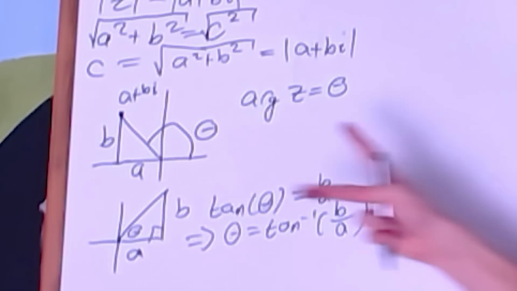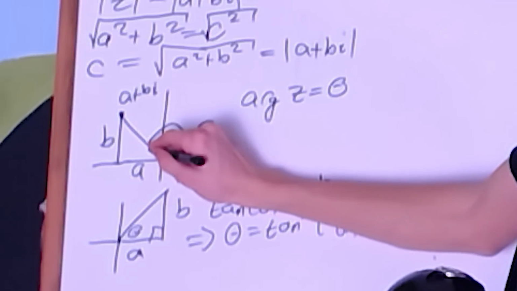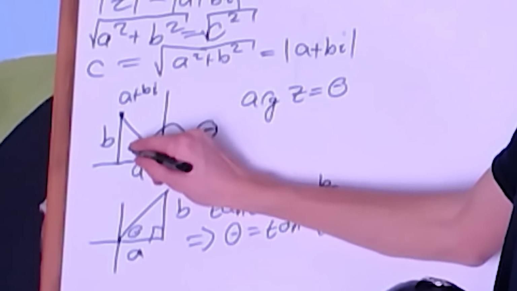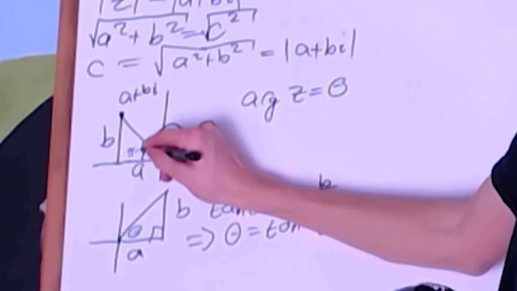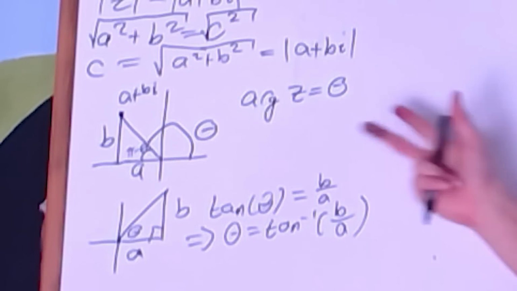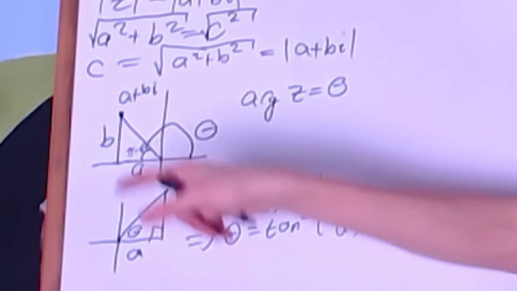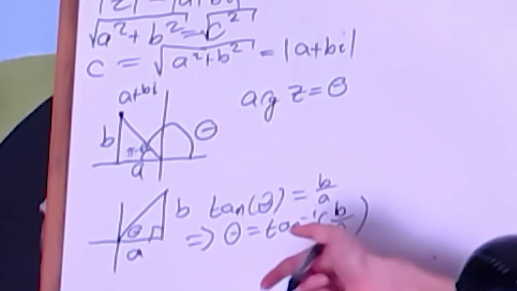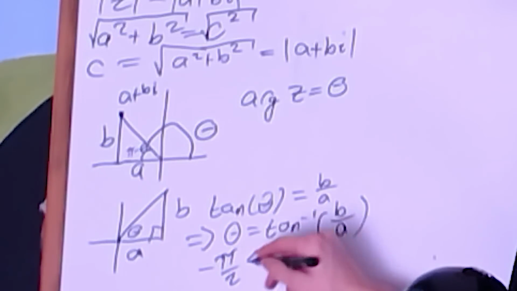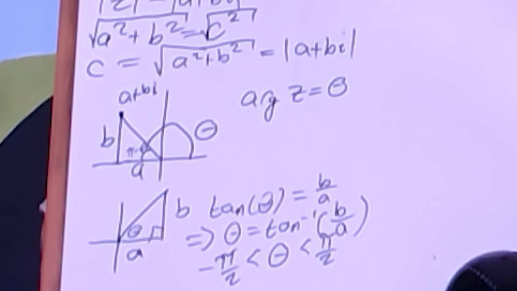It's not so simple in other cases, because the right triangle angle is actually right here, and this right here is pi minus theta. So in order to get theta, we have to do pi minus the result we get from here. The tangent inverse result works for theta between negative pi over 2 and pi over 2.